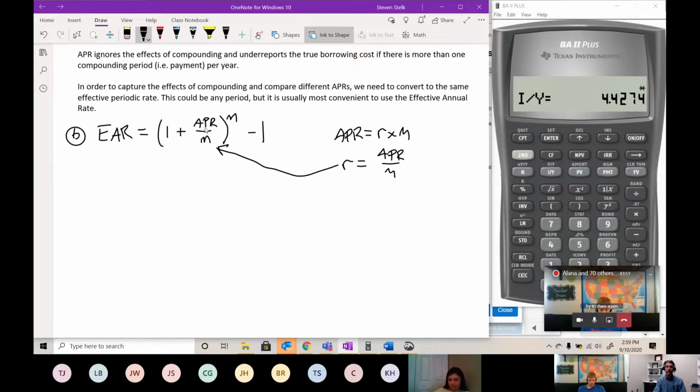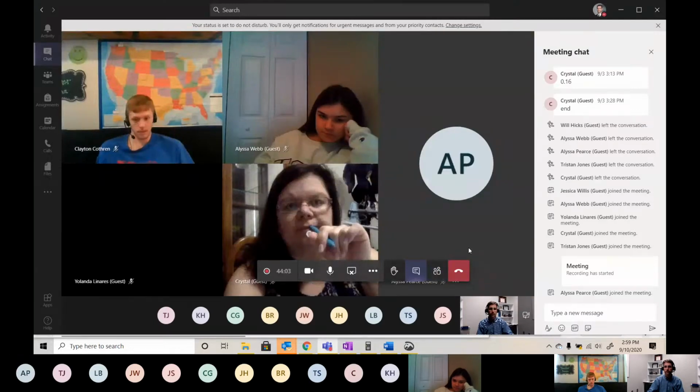APR divided by M, in this problem, is our monthly effective rate. So we're taking 1 plus the monthly effective rate, raising it to the number of compounding periods per year, to capture the effects of compounding.